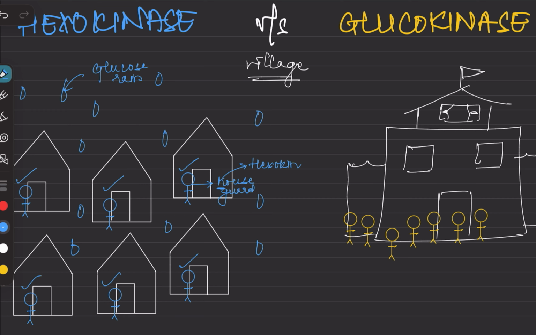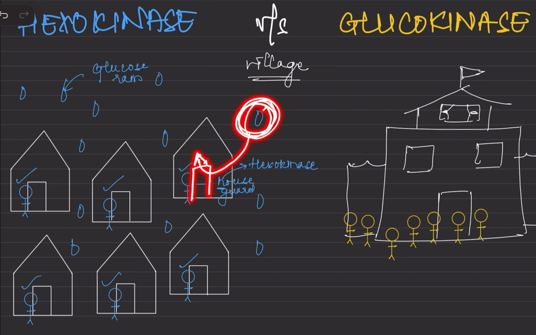So here we are talking about hexokinase, who is the house guard. What is the function of this house guard? This house guard has to take this glucose molecule from the glucose rain and store it in the house. But the problem is, because the door of the house is so small, it's easy to move glucose in and it's also easy to lose glucose out of the door.